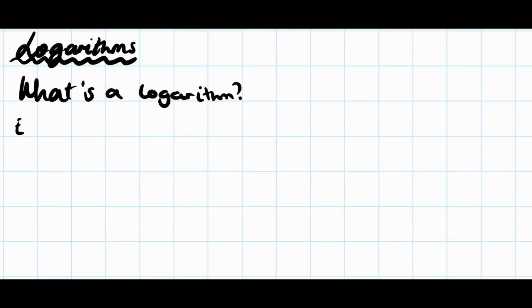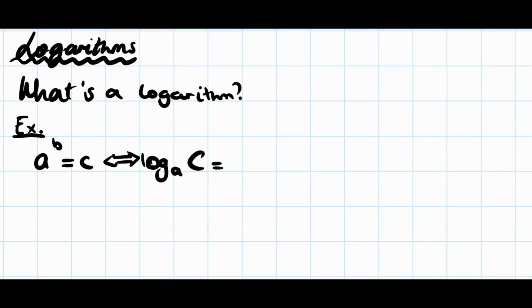What's a logarithm? Let's start off with an example. We will write that a to the power of b is equal to c. Now this is exactly the same as asking what power of a we can raise to get our answer c. And we can write this as log base a of c, which would be equal to our power b.